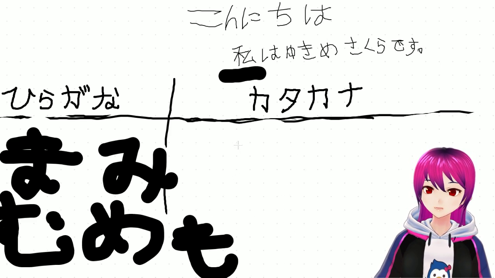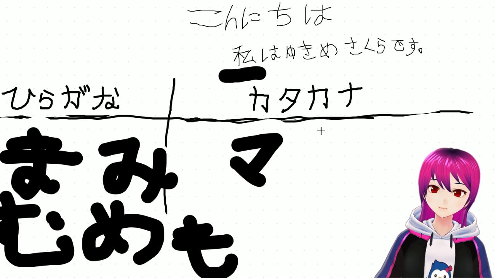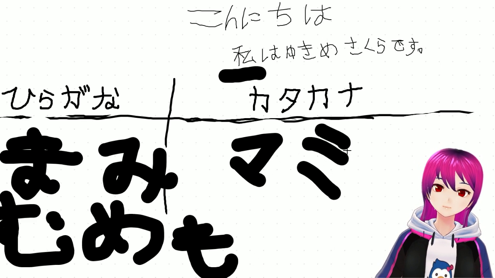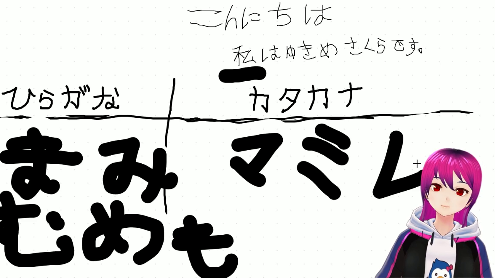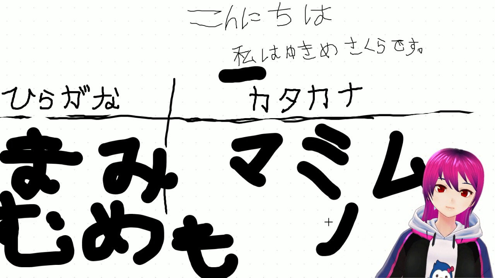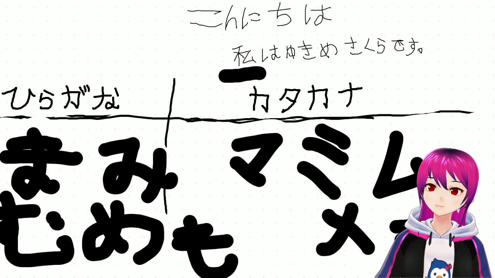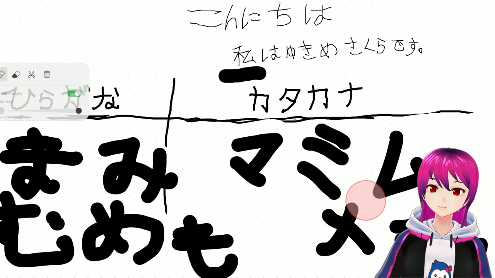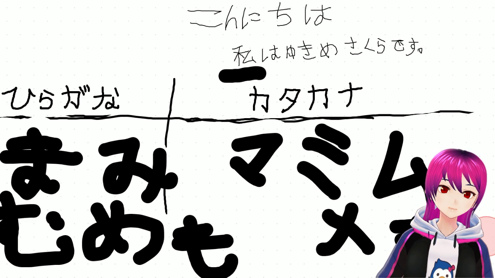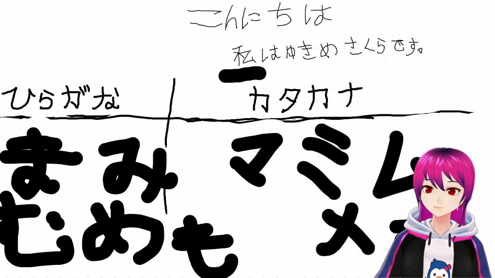In Katakana, that would look like ma, mi, mu, me, and mo.